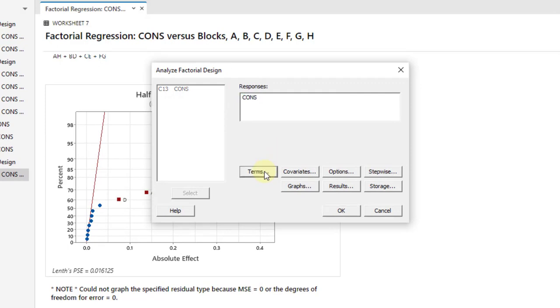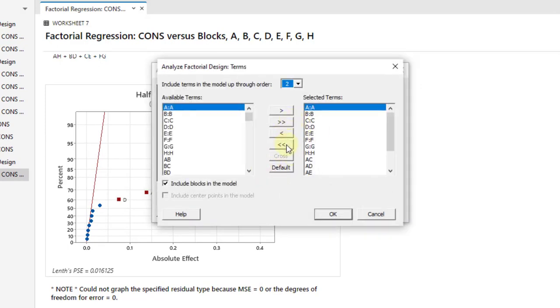This time click on the term, move all of these terms to the left hand side by clicking on this double arrow towards the left, then enter the main effects.